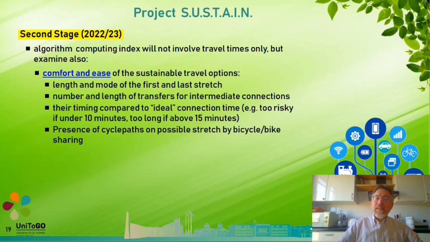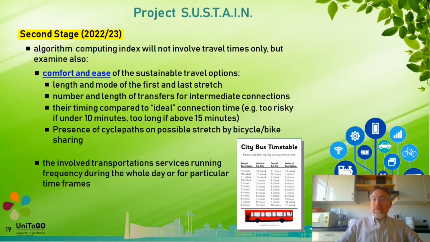So, for example, if it takes a long stretch on foot before connecting to the public transport network, or if there is an availability of cycle paths on the way so that the bicycle could be a reasonable option, or even the frequency during the day of the public transport solutions, because of course, if you have just 2 runs a day for some bus or trains or something else, and nothing for the rest of the daytime, it's not that comfortable compared to the situation when you have, let's say, a round of the public transport service every half an hour.